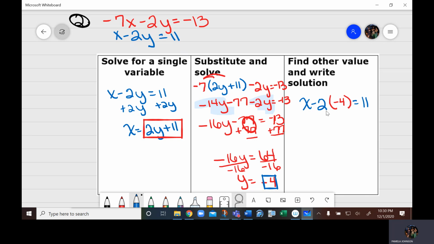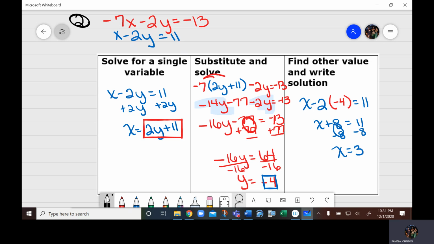And I'm going to simplify this left side and then solve. So negative 2 times negative 4 gives me a positive 8. And when I subtract 8 from both sides, I get x equals 3.